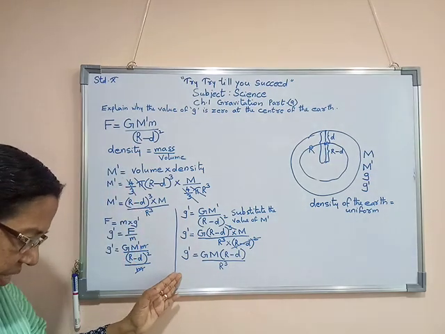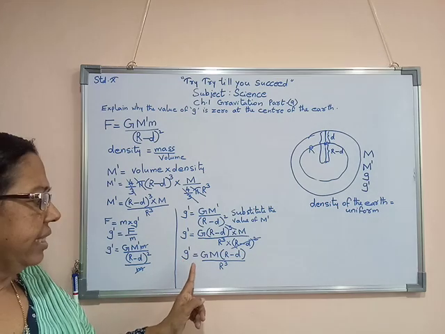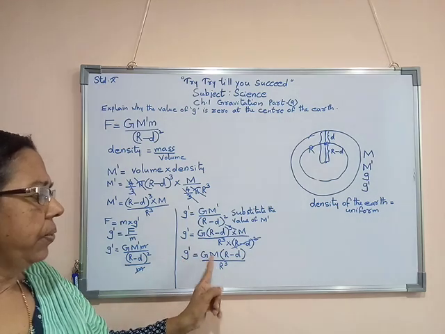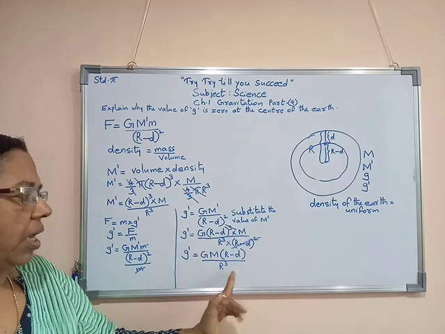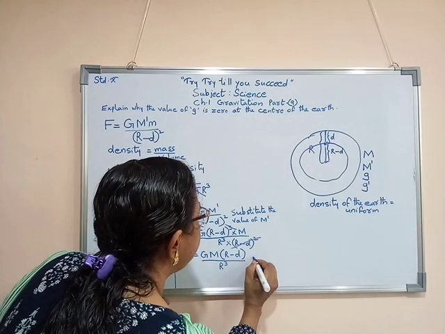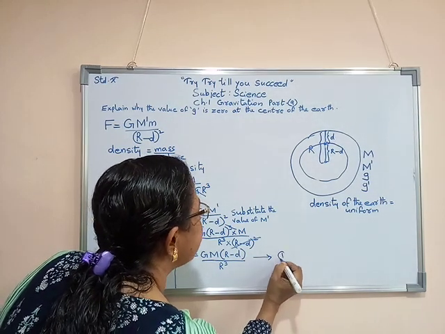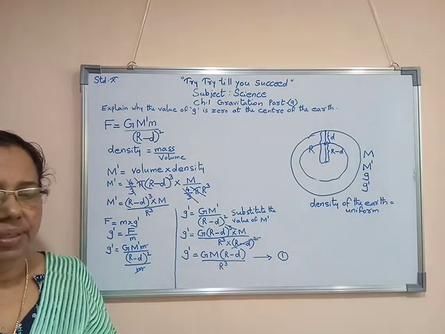So we have got the value of G dash, that is capital G into capital M into (R minus D) upon R cube. Now this equation I am writing as the first equation. Why? Later we are going to use this equation.